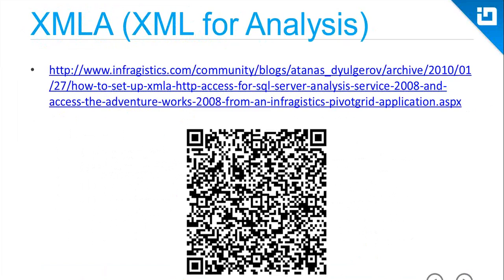It will take you to a page where it has given the steps: how do you configure your SQL Server Analysis Services for access over the web? These are not very difficult, but it will probably take an hour or two based on how you follow. But you will get tons of material on how you really configure this.